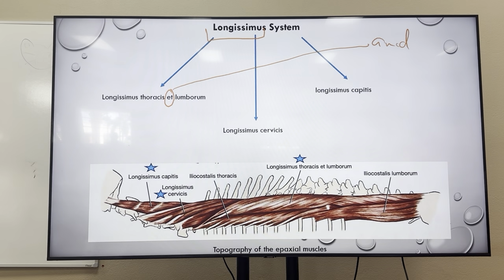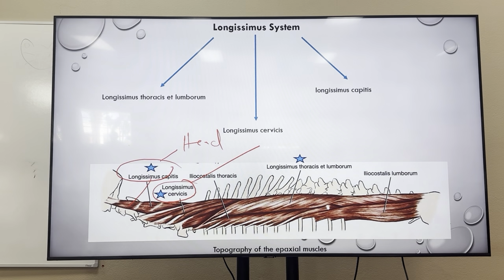So this extends from the ilium to the head. It has three major divisions, and we have the capitis around the head. We have cervicis around the cervical region.